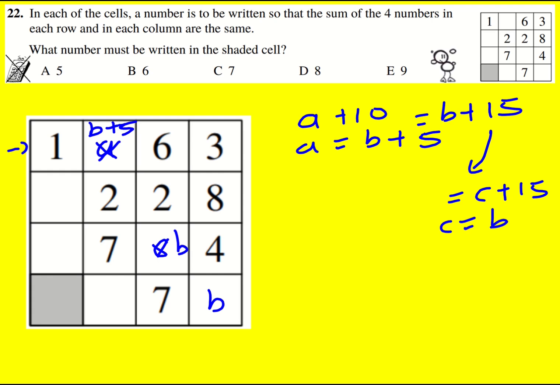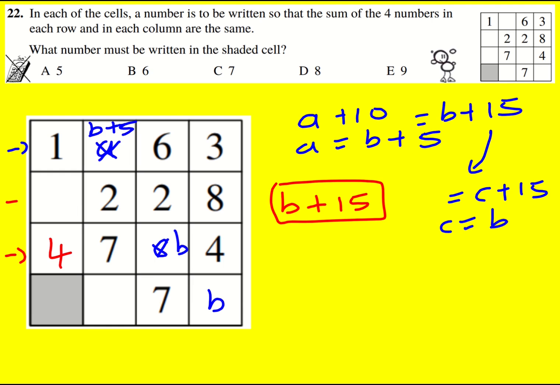But what I've got actually out of this is that the total then, I've managed to put B in 3 different places, although B plus 5 here. The total of all the rows in the columns is going to be B plus 15. Okay, that's great because that is going to allow me to write some of the rest down. So for example, this row here, I've got 11 plus B so far, so this must be 4.